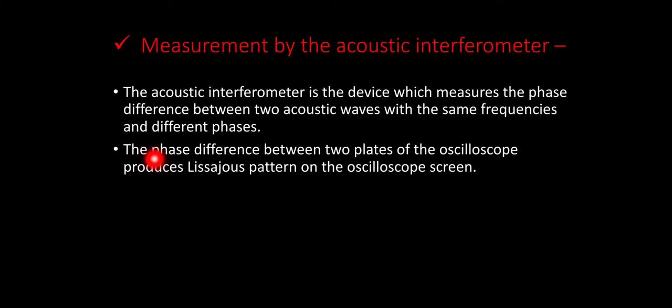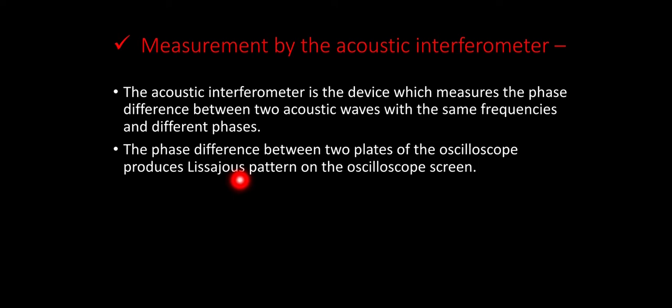How can we know the phase difference? When two harmonic waves are introduced to the two inputs of the oscilloscope, the pattern obtained on the oscilloscope is a Lissajous pattern, which shows what happens when our oscillator is imposed to two perpendicular harmonic waves.